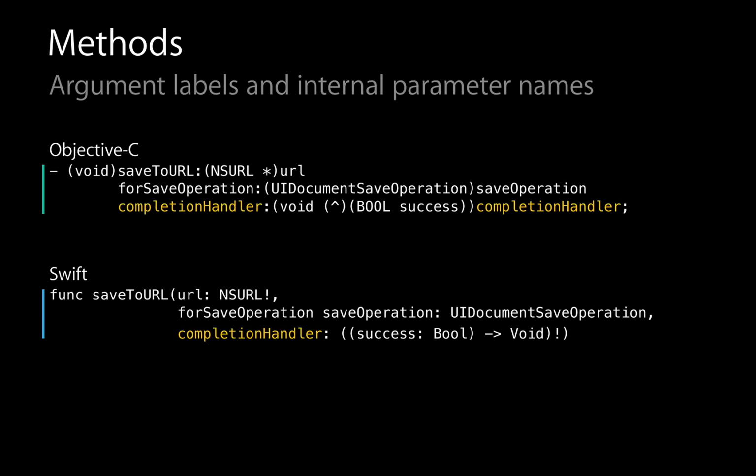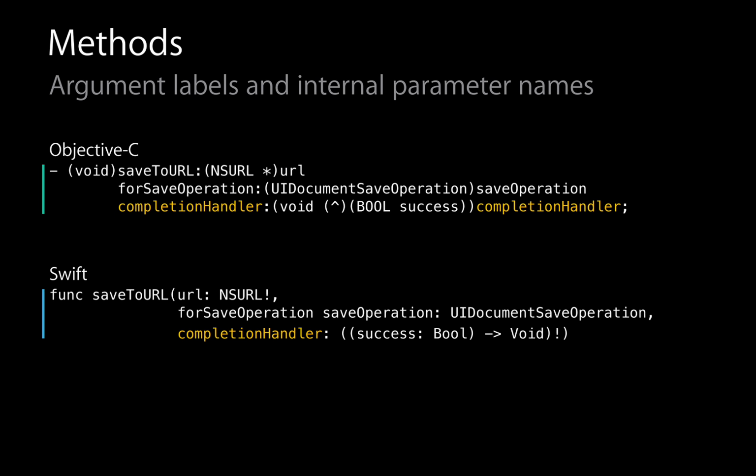So here in Objective-C, you always have a selector piece, goes before the colon, and then you have the name of the internal parameter that you use when you're defining the method in your .m file. In Objective-C, you always have to write both of these, of course, and many times they're the same, so you have some redundancy. We do a little bit of syntax optimization here in Swift, so you just write the name once. It serves both as the label and the internal name.